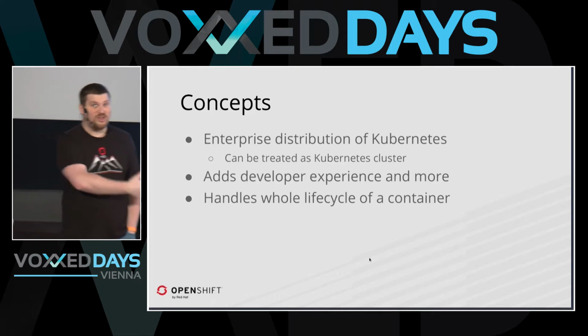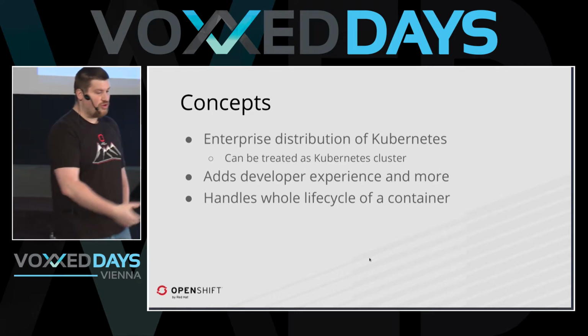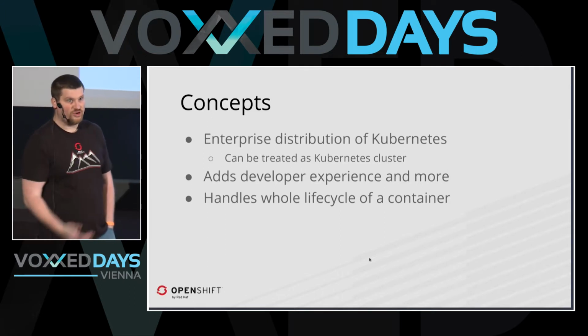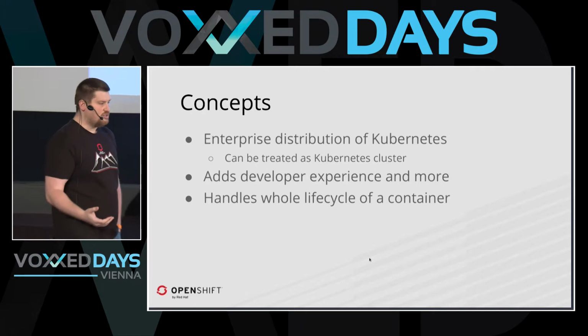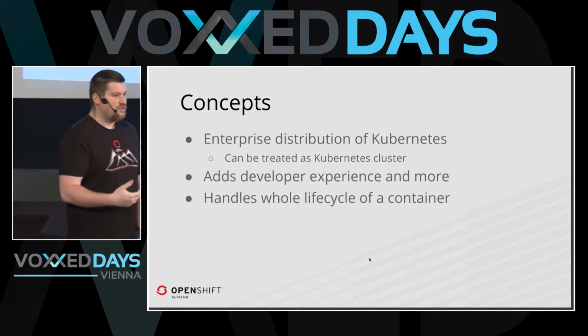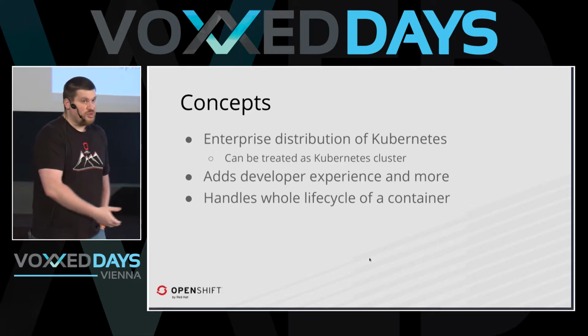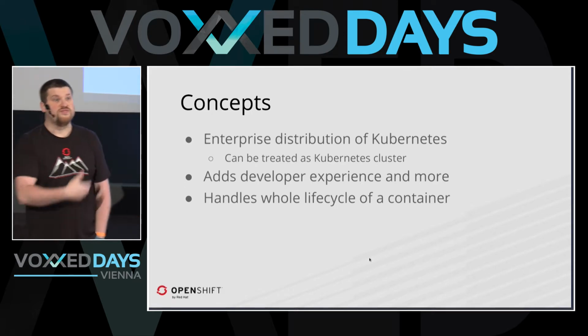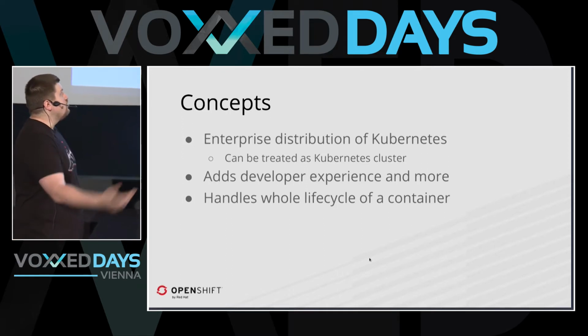That's because Red Hat's business is in doing products and projects for the big guys, for enterprises, right? So if our customer asks, hey, I want Kubernetes running on Enterprise Linux, can you do it for me? Yeah, we have OpenShift. You can use OpenShift as a Kubernetes cluster as well. So that's why I call it an enterprise distribution of Kubernetes.